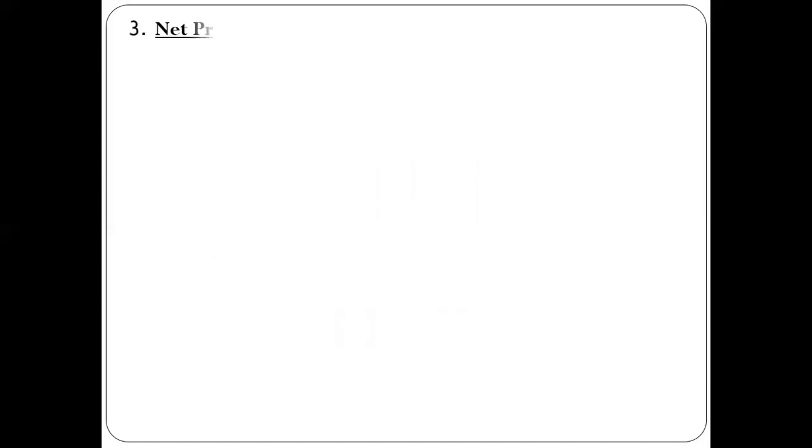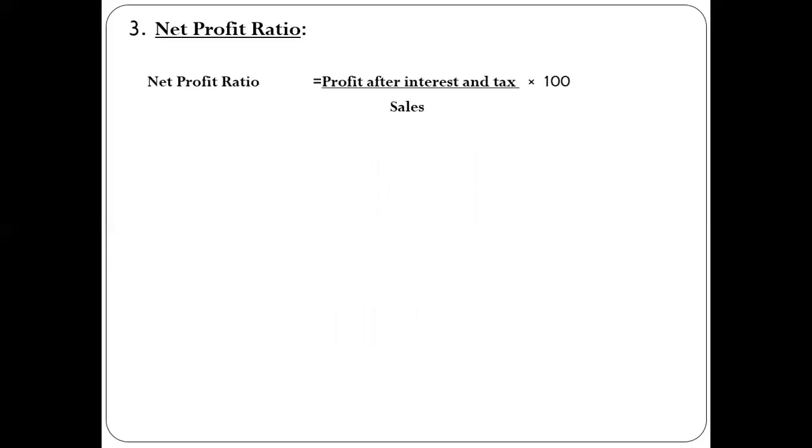Let's go further. This is the net profit ratio. The formula is profit after interest and tax divided by sales into 100. The net profit is 15,000 divided by 3 lakh into 100, so the net profit ratio is 5%.